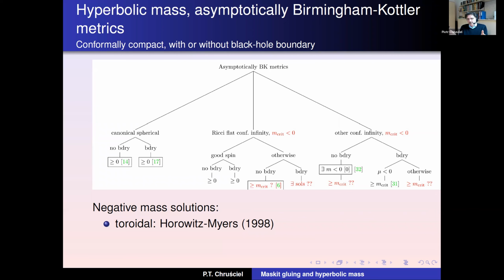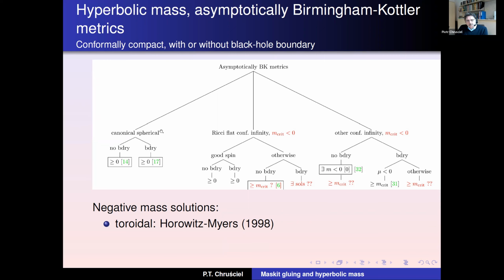And then this theorem applies, and it gives you these positivity theorems. But the Horowitz-Myers metric is spin because it's 3-dimensional, but it does not have good spinors, because if it had, the solutions would have positive mass, but they don't, right? So that's one way of proving that you don't. But otherwise, you can just try by hand to look at the spin structures and see that it doesn't work.